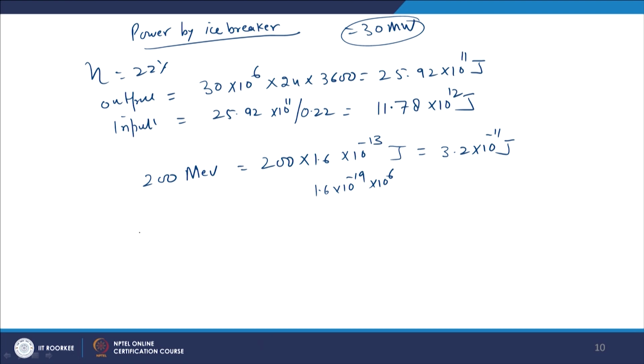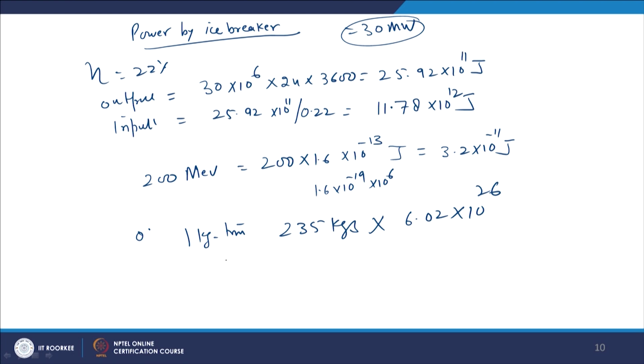Now, if we take 1 kilomoles of uranium, 1 kilomoles will count around 235 kgs, right. In 235 kgs, how many nucleons will be there? This multiplied by 6.02 into 10 to power 26 by Avogadro number, and each nucleon is producing this much of energy, right.